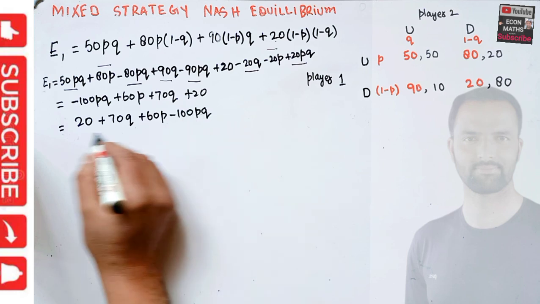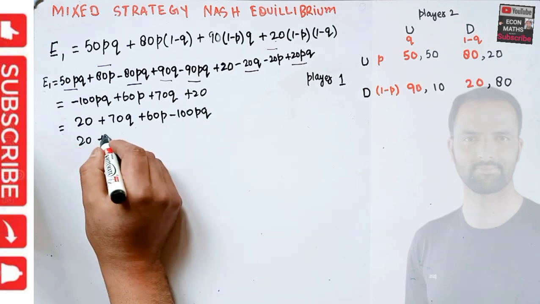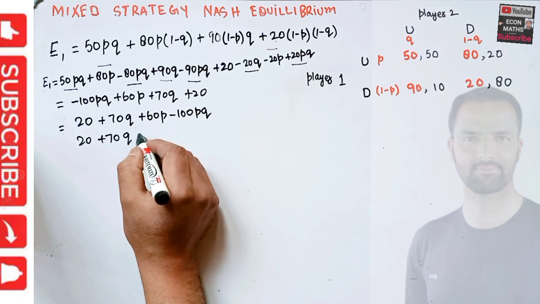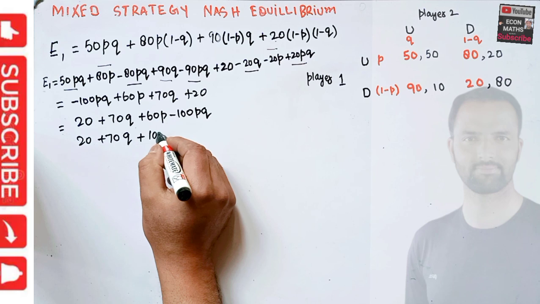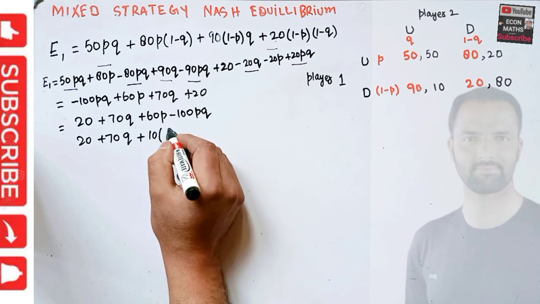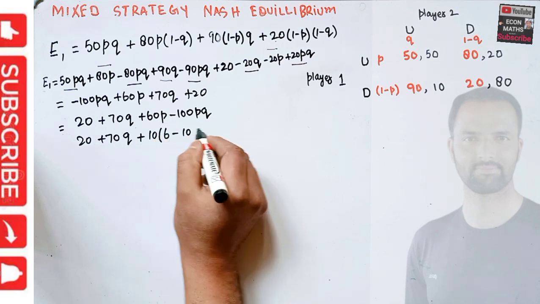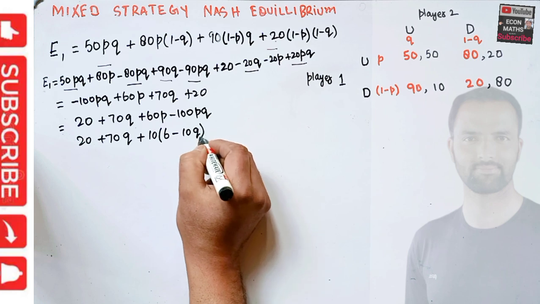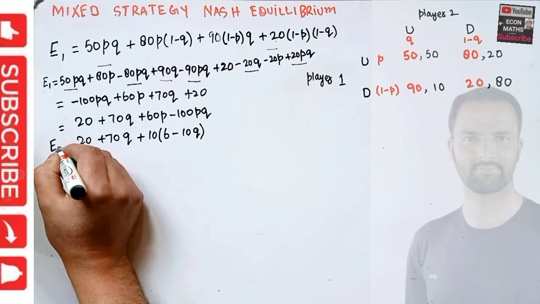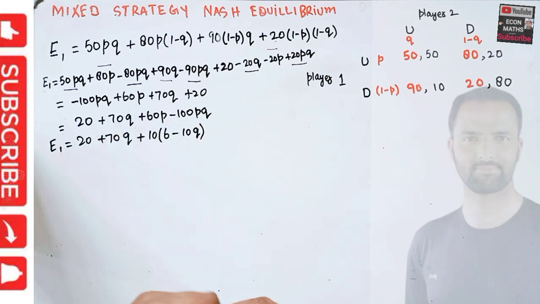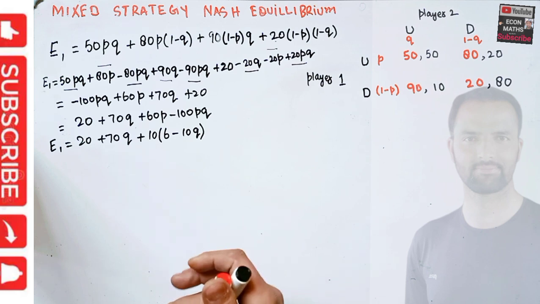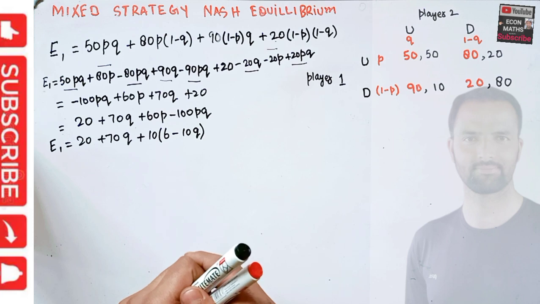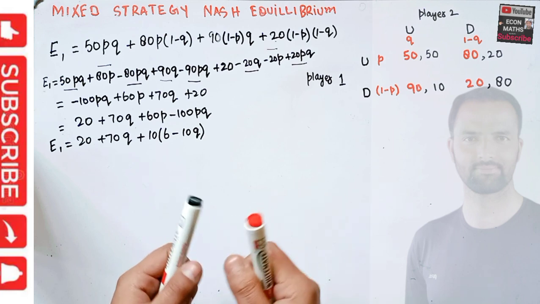Or I can write it like this: 20 plus 70q plus, if we take 10 common here, we are left with 10p into 6 minus 10q. So this is the expected payoff for player 1. Now, if it is the expected payoff for player 1, what will player 1 choose?